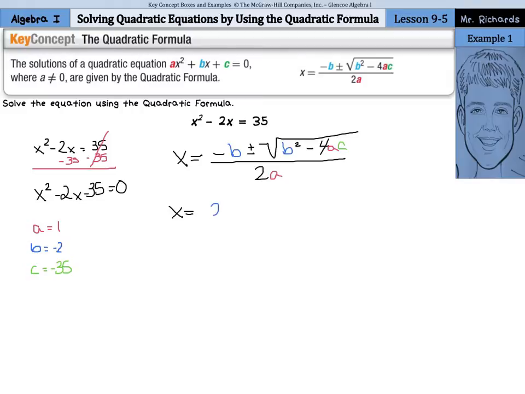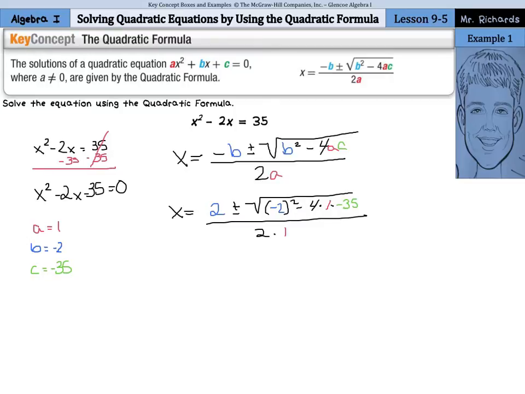So we can write in a 2 plus or minus the square root of negative 2 squared minus 4 times the a was 1 and the c was negative 35. And that's all going to be divided by 2 times 1.